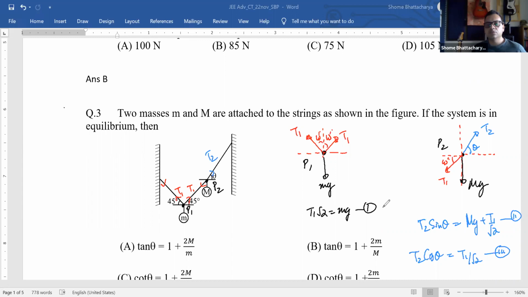Now what you do is substitute this over here. Okay, substitute all this over here. So your second equation will become like this. T2 sin theta is how much, this is mg by root 2, so by root 2 it will become mg by 2. So it will become capital M plus small m by 2 into g.